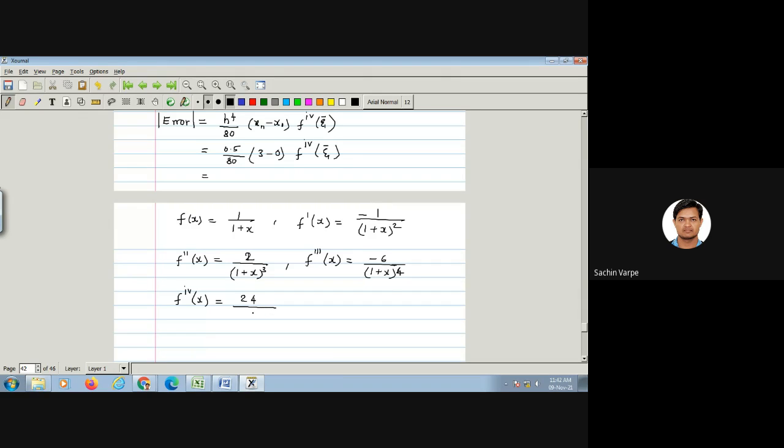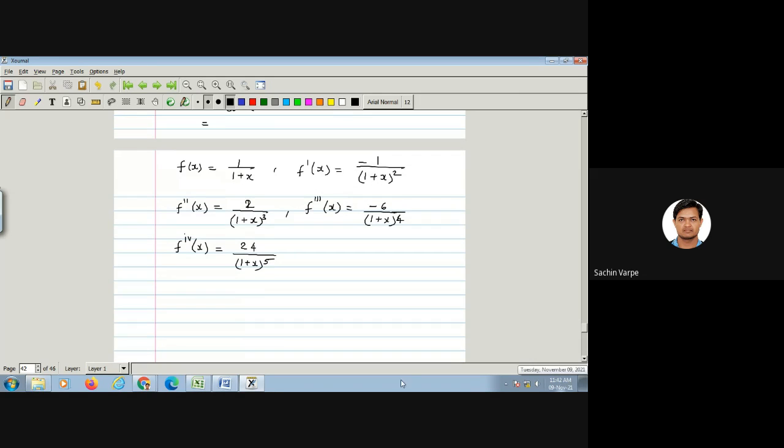1 plus x raised to 5. Fourth derivative. So in this interval 0 to 3, fourth derivative is maximum at what value? That will be maximum at 0, na? Right? Yes or no?